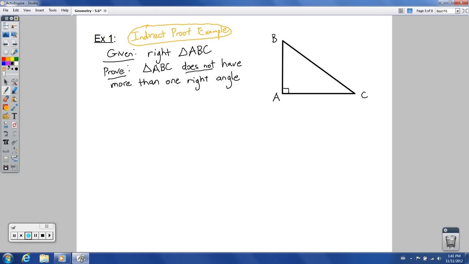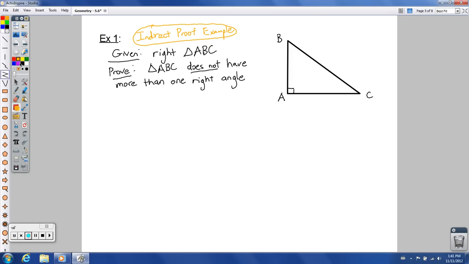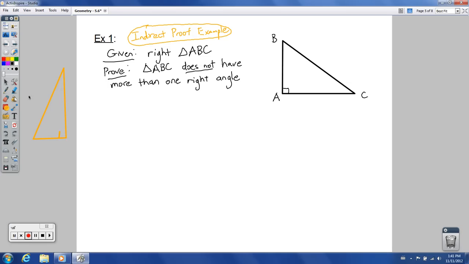Off to the side here, I'm going to draw a triangle in a different color, in my orange. Off to the side, we're going to assume an impossible picture, basically. We're going to assume that this is true to start. This will look a little funny, but yes, we're going to assume that that's true.